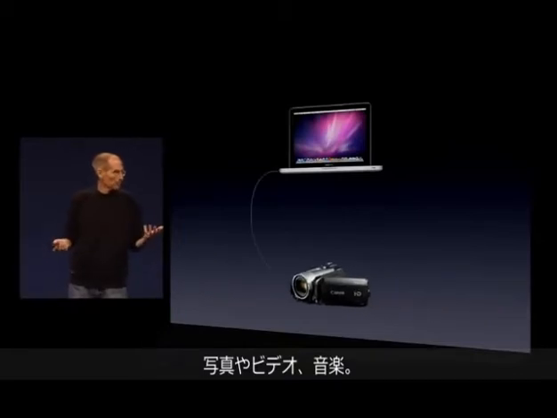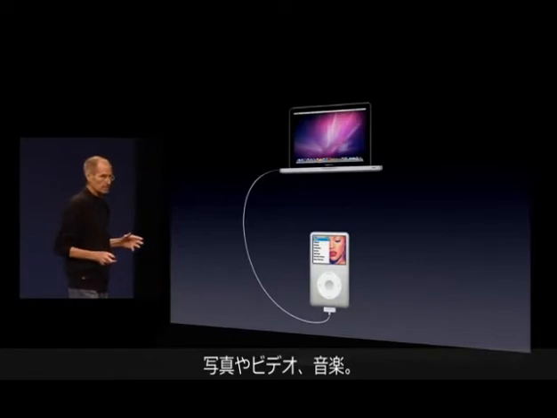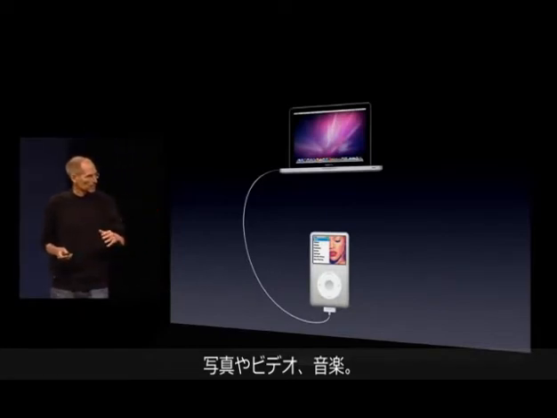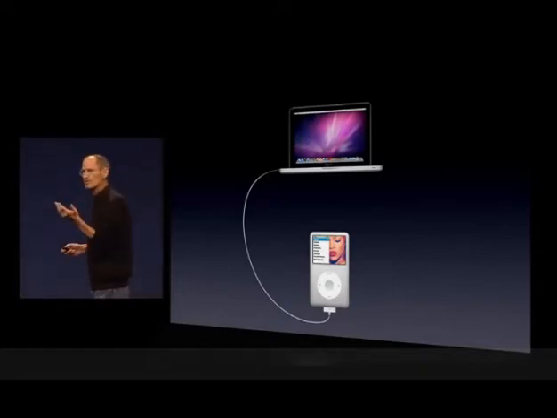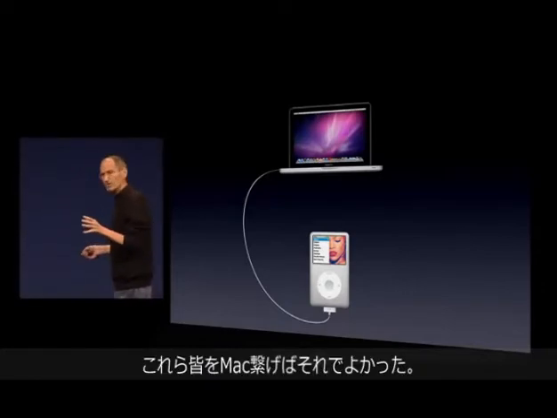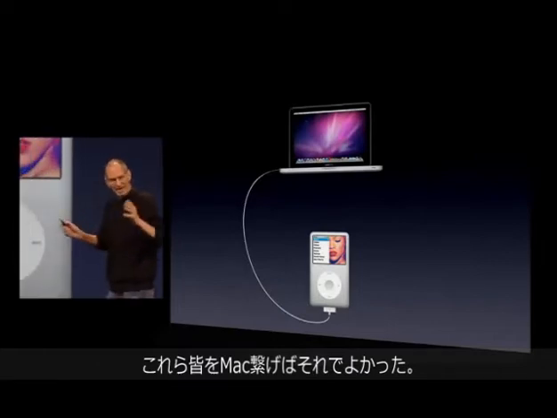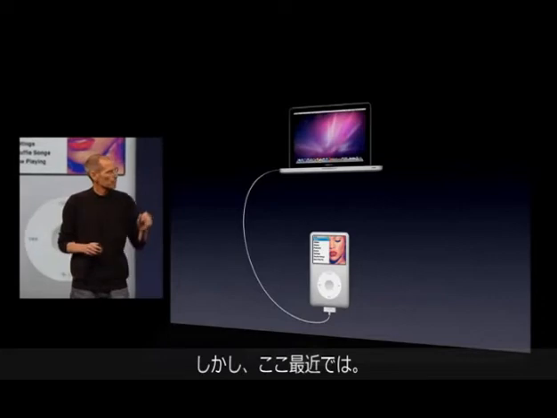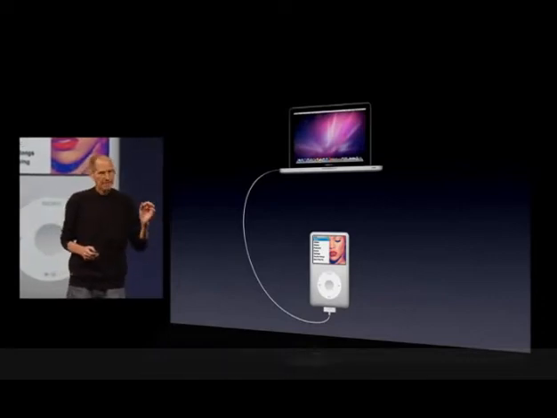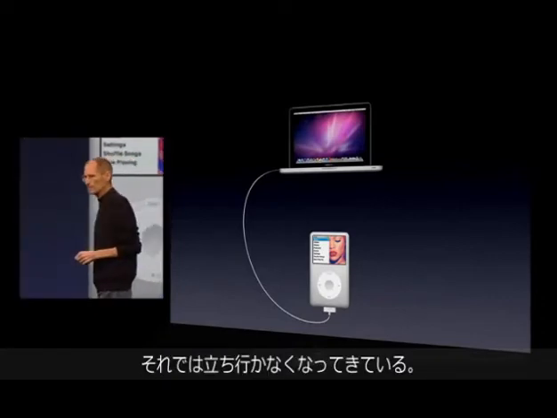Your digital video off your digital camcorder, and of course, your music, right? You were going to acquire it in the device or potentially on your Mac, and you were going to basically sync it to the Mac, and everything was going to work fine. And it did for the better part of 10 years, but it's broken down in the last few years.